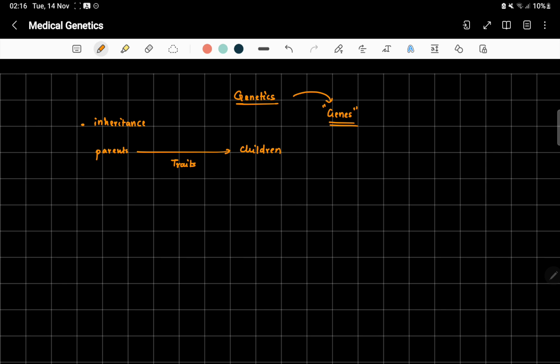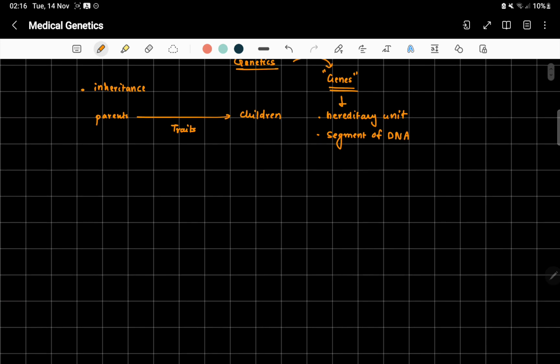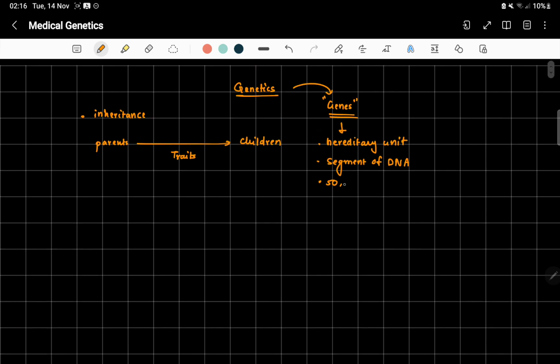A gene is a hereditary unit. It is a segment of DNA. There are about 50,000 to 1 lakh genes per cell.